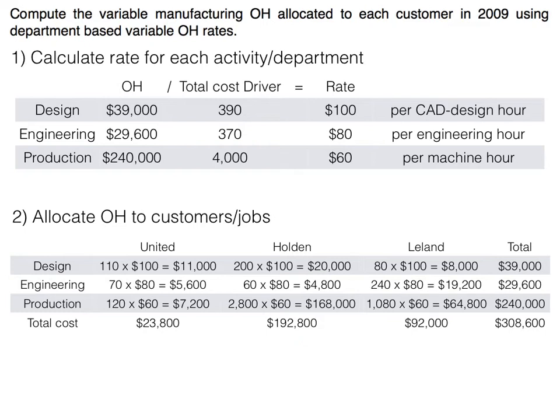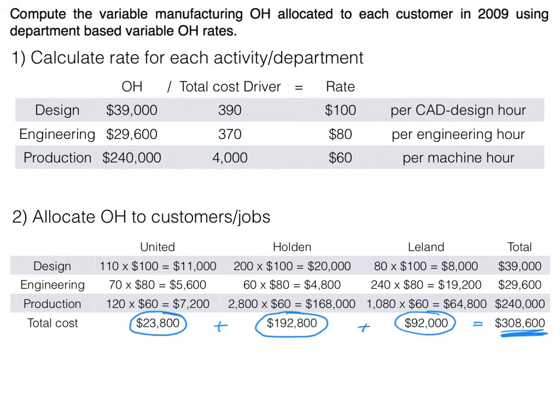Then when you allocated those through with the rates and the amount that each client used, you should have found that United is going to get allocated $23,800. Holden will get total allocated of $192,800, and Leland will get allocated $92,000 total of our overhead cost of $308,600. So again, these three should add up to the same amount that we were allocating before under simple costing.